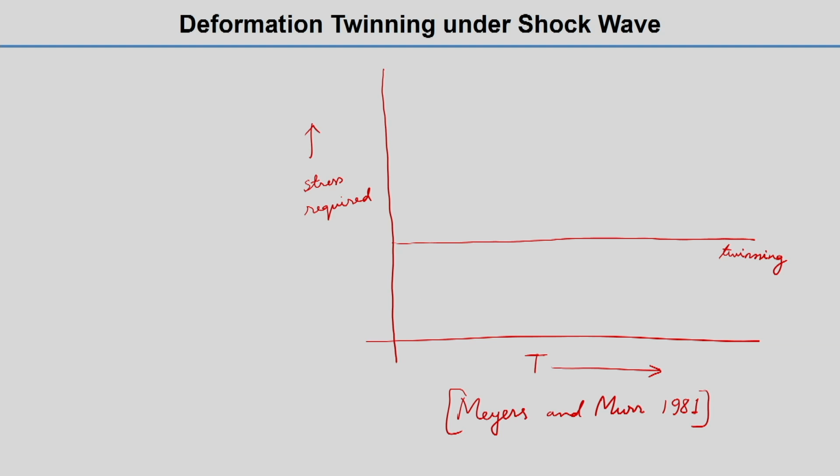And then there are other curves. First one is like this, and another one will go something like this. So what are these two curves?